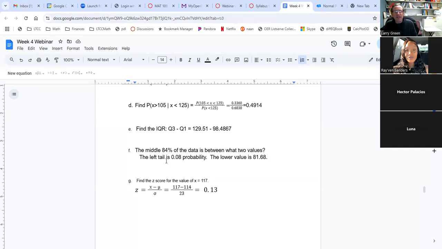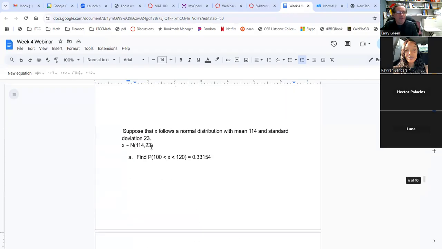Okay, the higher value, we don't even need that heavy calculator. We can do it in a nice way. So we know there's symmetry. So the lower value, remember the mean here was 114.